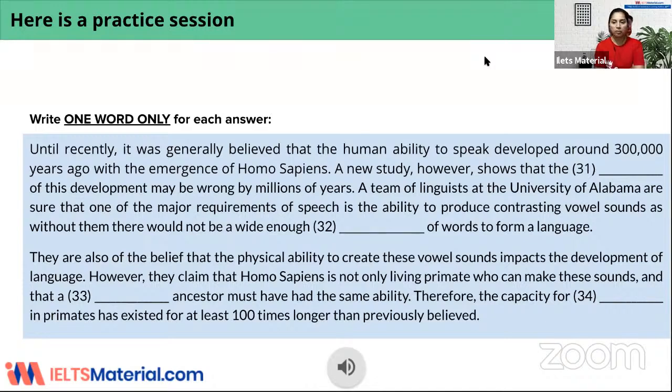So this means that the physical ability for speech may have been around for at least 100 times longer than previously thought, and that the idea that an immediate human ancestor may have used speech cannot be eliminated.